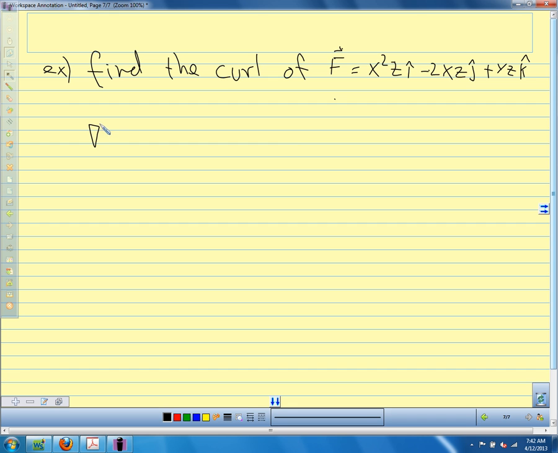So I'm just going to form del cross f, and put my components in here and form that determinant.